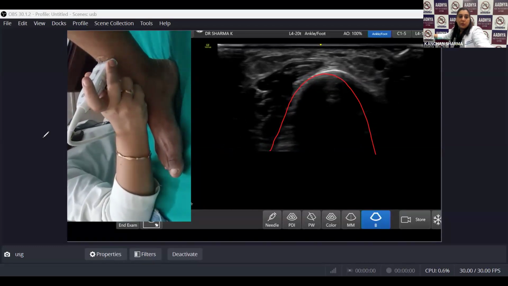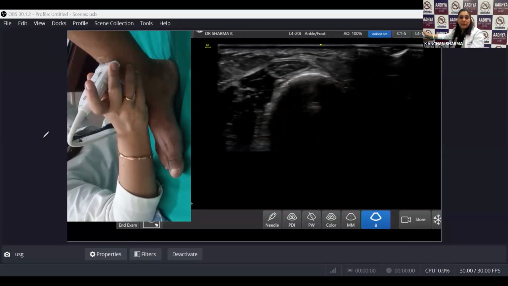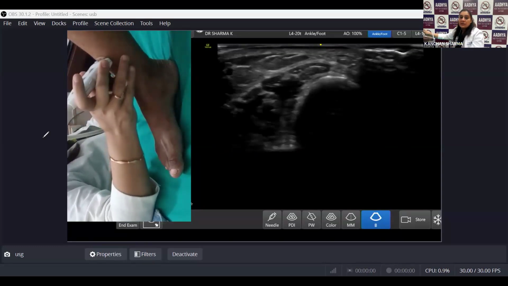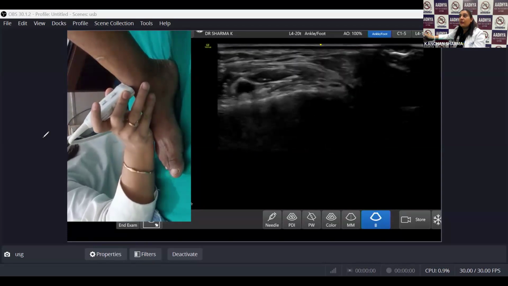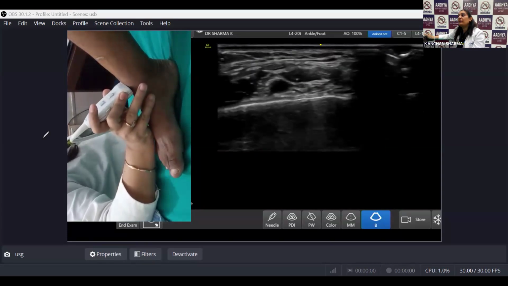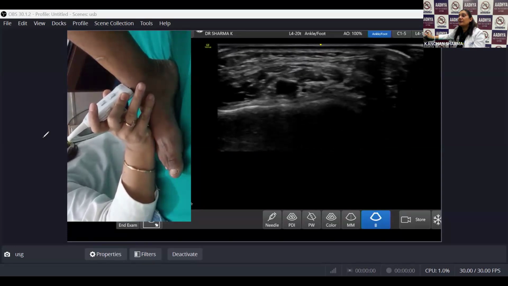Now, what is your main aim? To make this inverted U, make it flat. How can you make it flat? Just keep moving down. It will become flat. And then rotate your probe towards this side. Once you are doing that, you will be able to see the structures nicely.